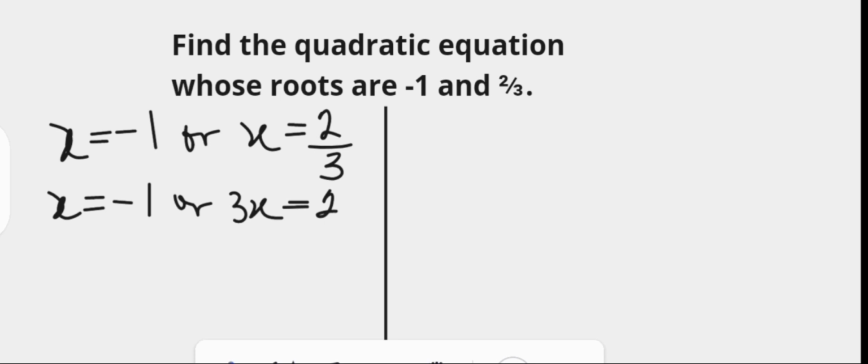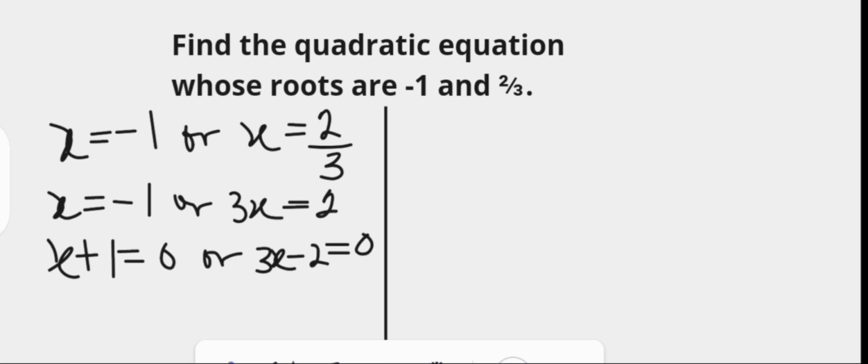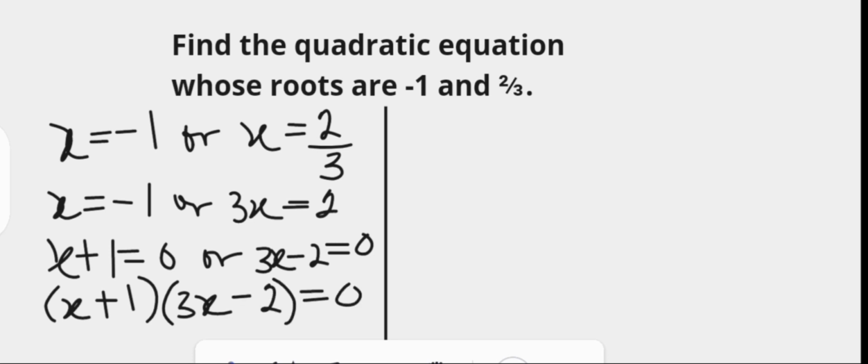Then adding 1 to both sides of the first one, we have x plus 1 equals 0, or subtracting 2 from both sides of the second, we have 3x minus 2 equals 0. Multiplying these two, we have x plus 1 multiplying 3x minus 2 being equal to 0.